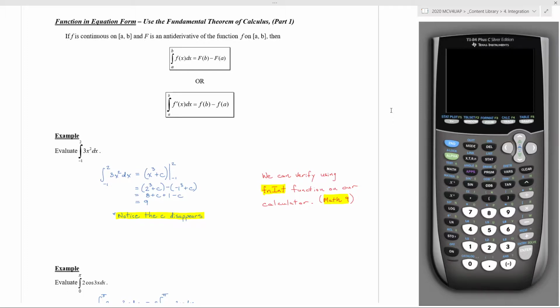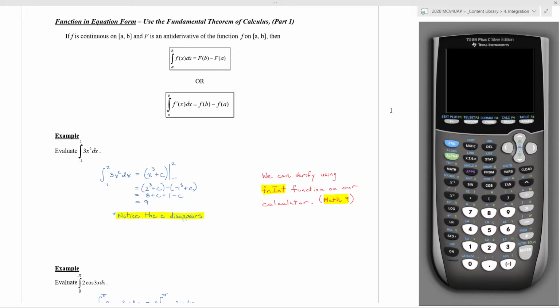So we've done this before. Sometimes it's written as the integral from a to b of some derivative function is equal to the original function evaluated at b minus the original function evaluated at a.